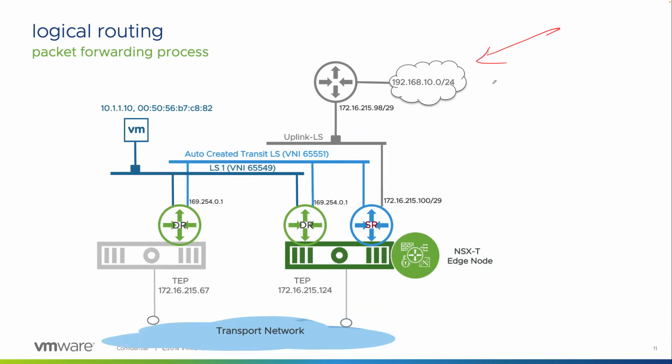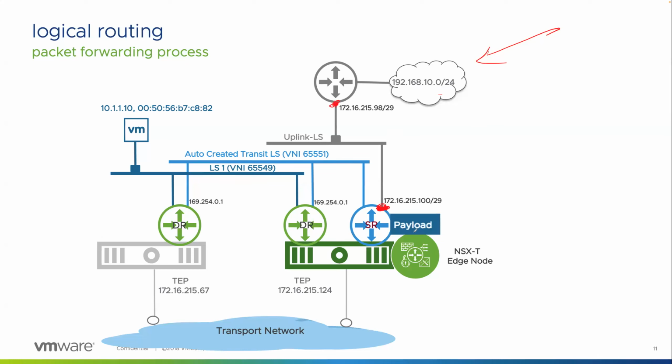And in the reverse direction, I think the same thing happens, but there's a little bit of difference here. For example, we have a payload, and the payload is sent out to this next hop IP by the physical router.